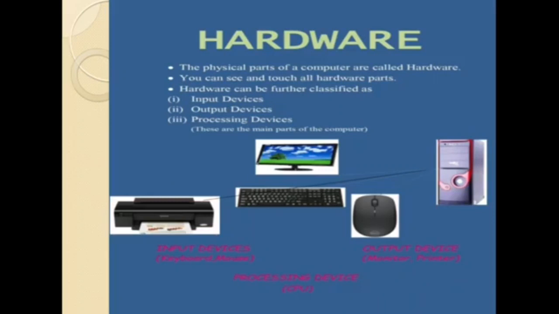For example, you can touch the monitor, the keyboard, the webcam, the printer. Like that, the physical parts of a computer are called hardware. You can see and touch all the hardware parts.